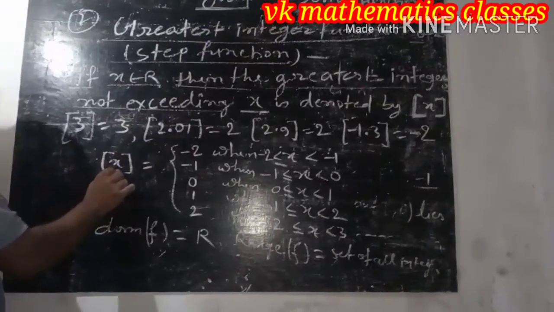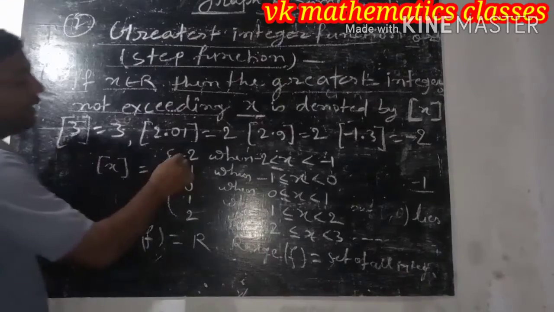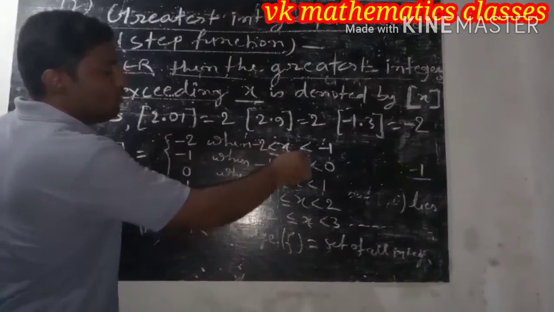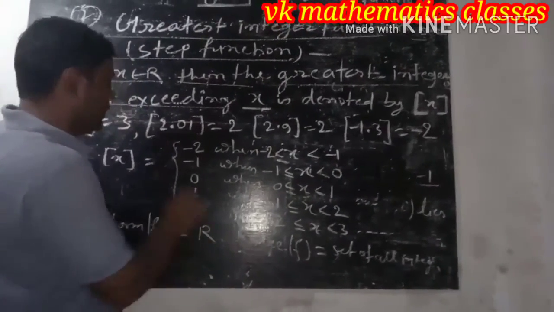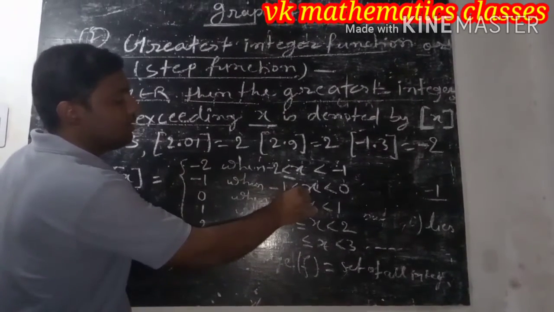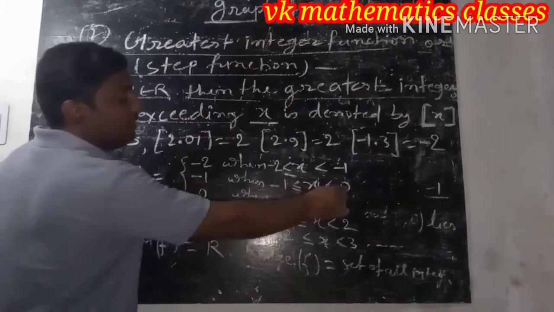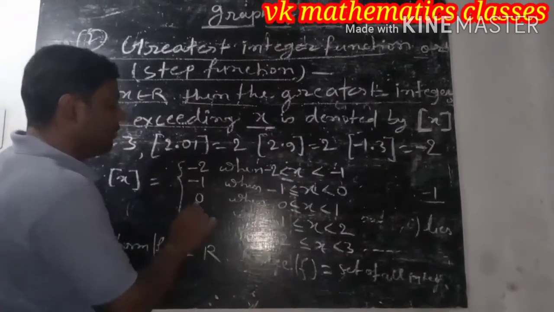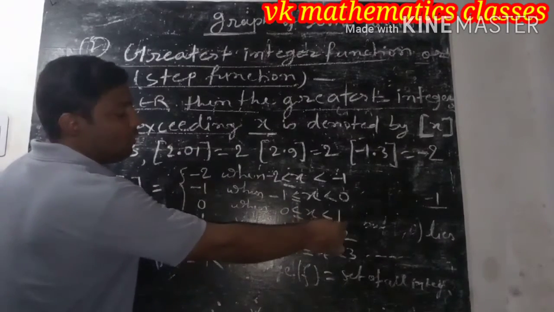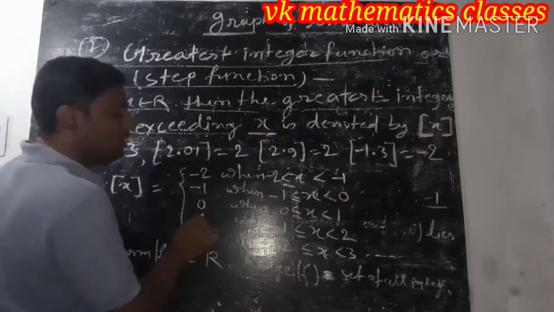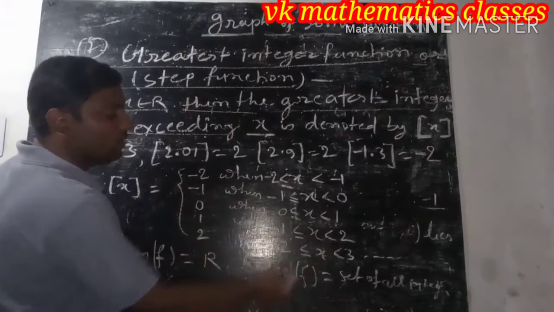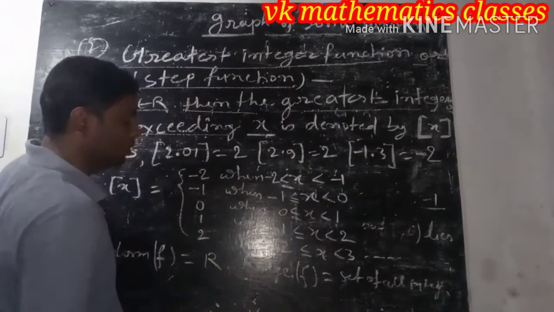Now the greatest integer of x is equal to minus 2 where x is greater than or equal to -2 and less than -1. It is -1 when x is greater than or equal to -1 and less than 0. It is 0 when x is greater than or equal to 0 and less than 1. It is 1 when x is greater than or equal to 1 and less than 2.